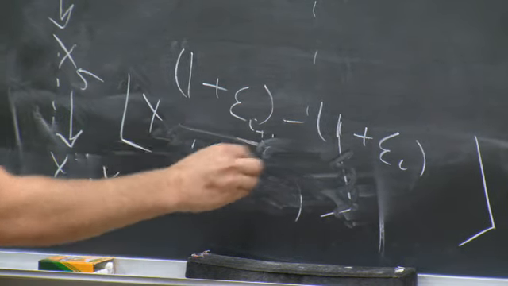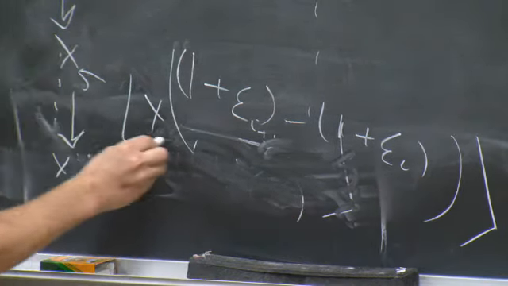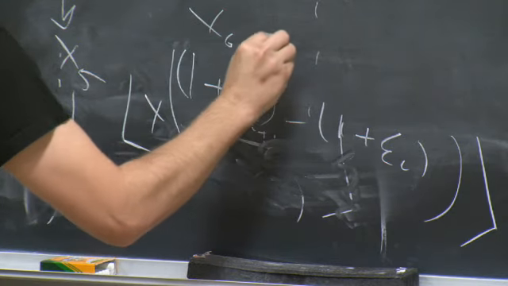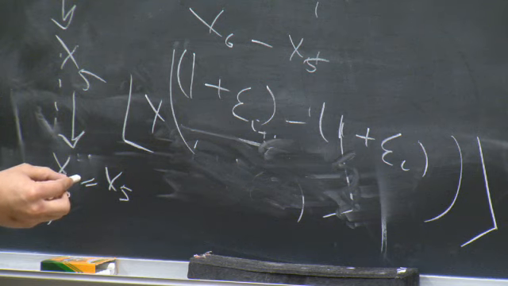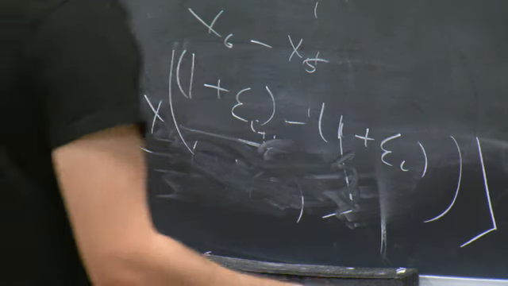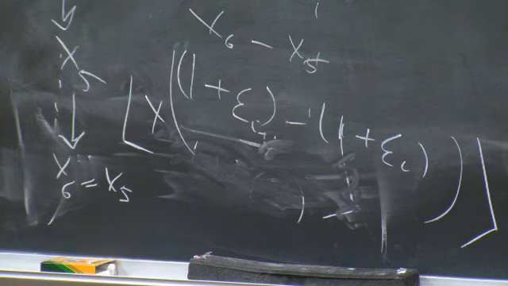So this is the difference between two terms, x. So this is x6 minus x5, right? What was the subscript on that x? i plus 1. Let's write it again.